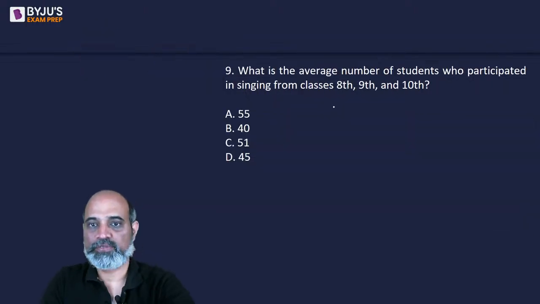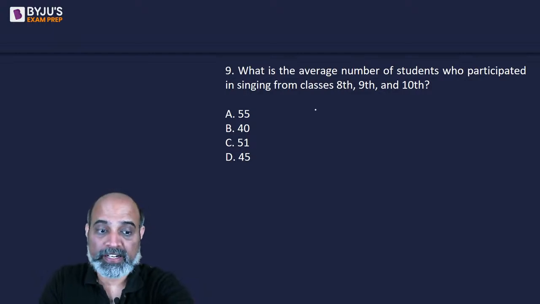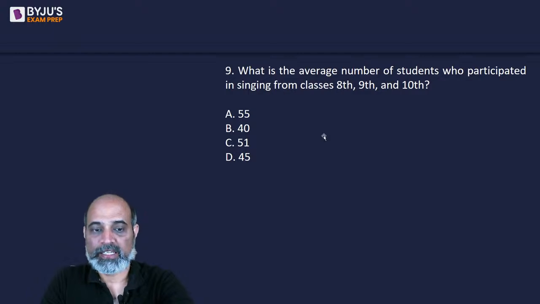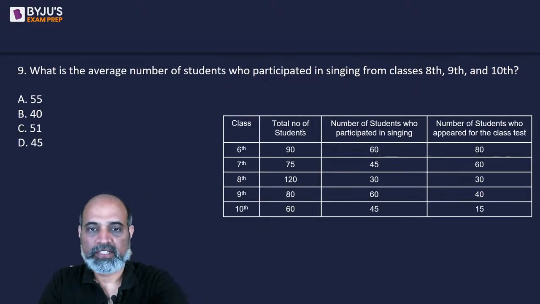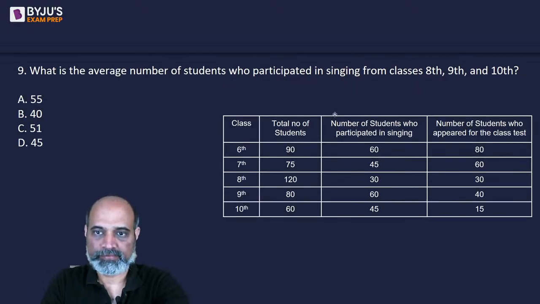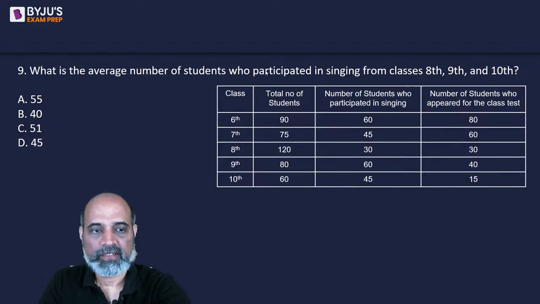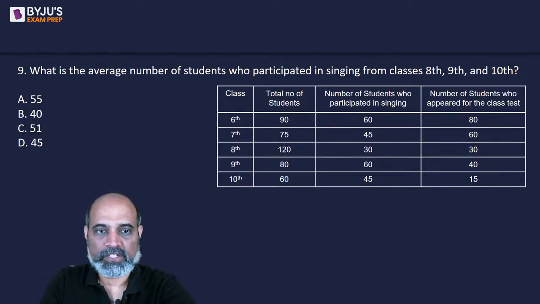Now the question asked is, what is the average number of students who have participated in singing from classes 8th, 9th and 10th? So we will need the previous table to be present here. So let me bring it over here. Okay.